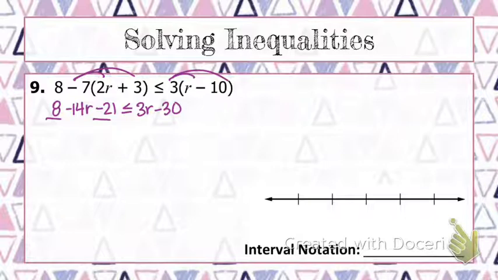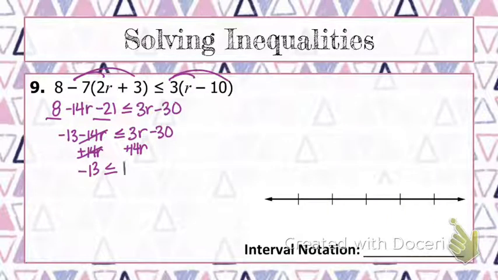So 8 minus 21 is negative 13 minus 14r is less than or equal to 3r minus 30. So I'm going to move my variables to one side. So those will cancel, and we get negative 13 is less than or equal to 17r minus 30.